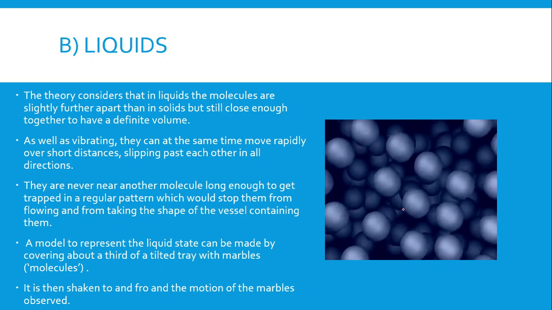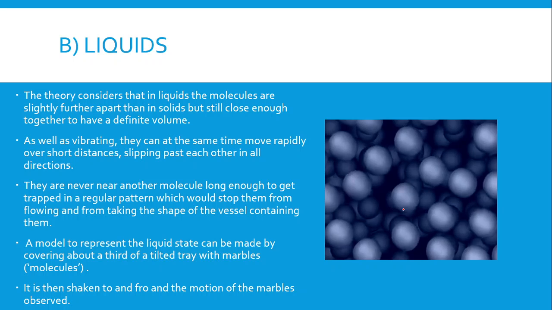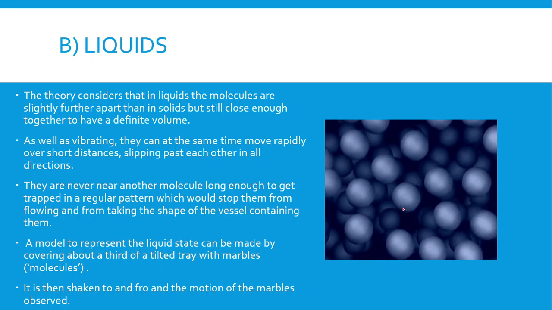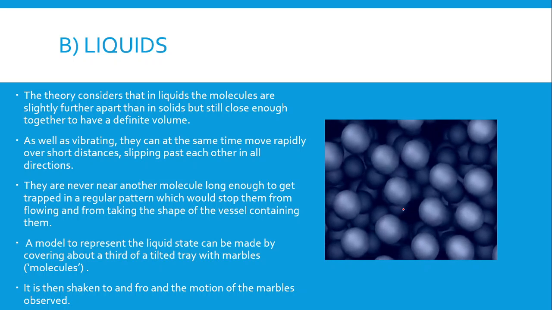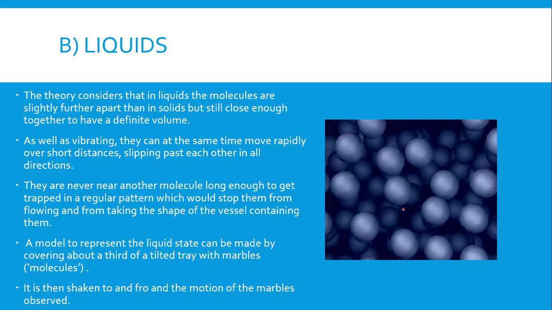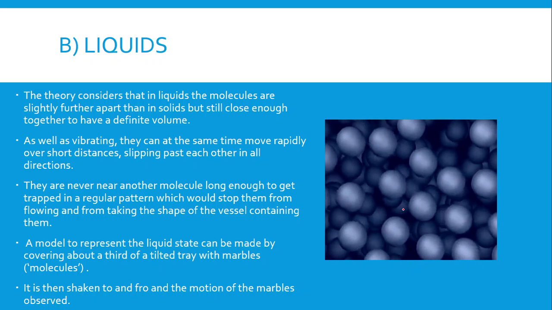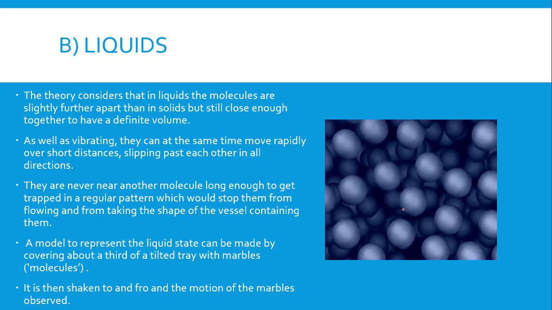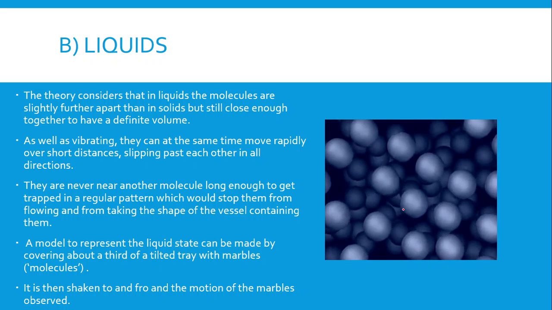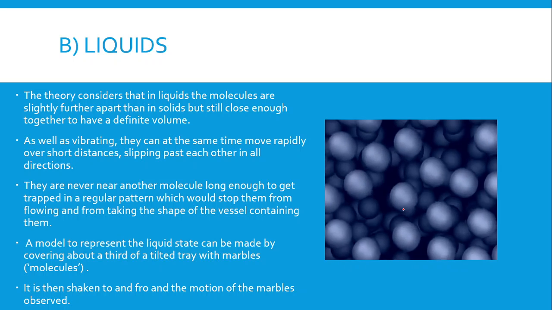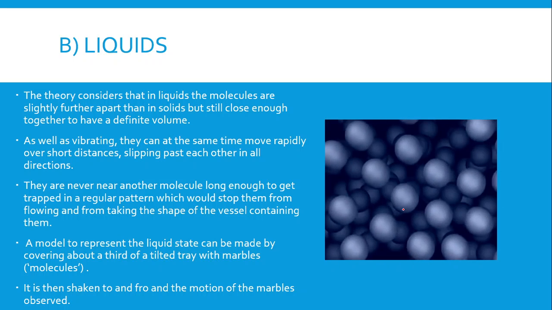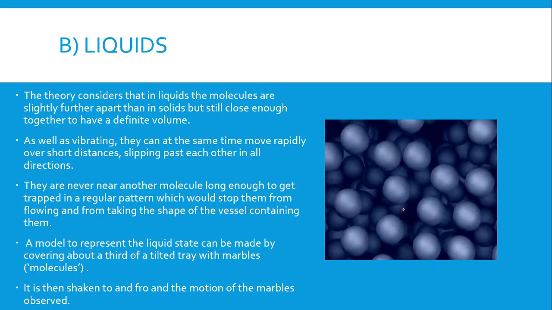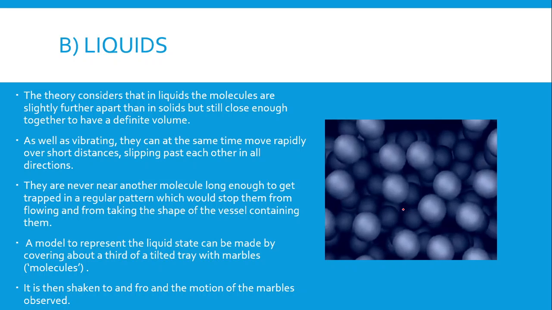Okay, so liquids. The theory considers that in liquids the molecules are slightly further apart than in solids. As you could see in the solid diagram, the layers were very regular, and the shape of the lattice, whatever chemical or element it was, was pretty much arranged.